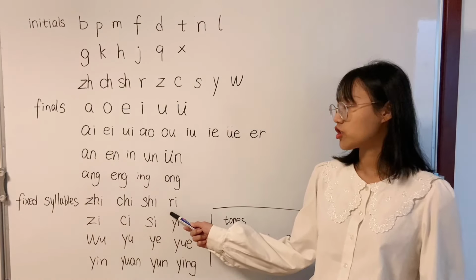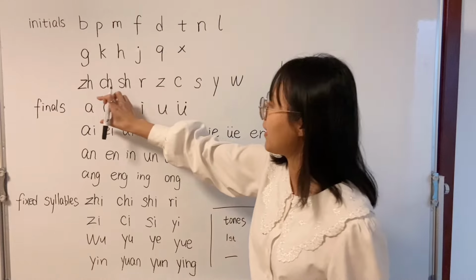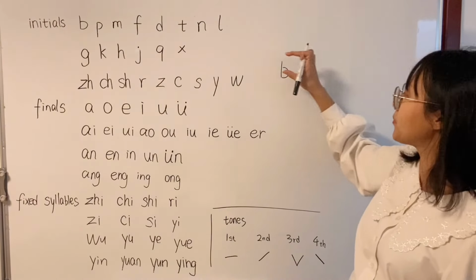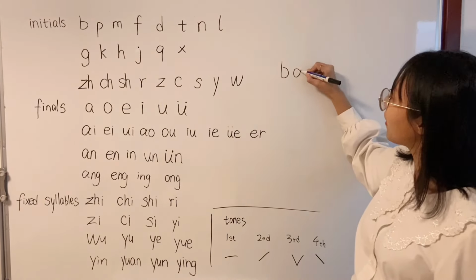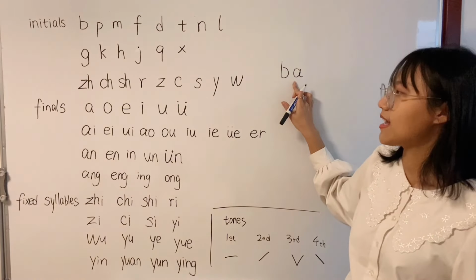You have learned everything. Now let's form pinyin together. Let's grab this one, initials, and put it in front. This one is 波. And let me have this one, finals, and put it after. This one is 啊.